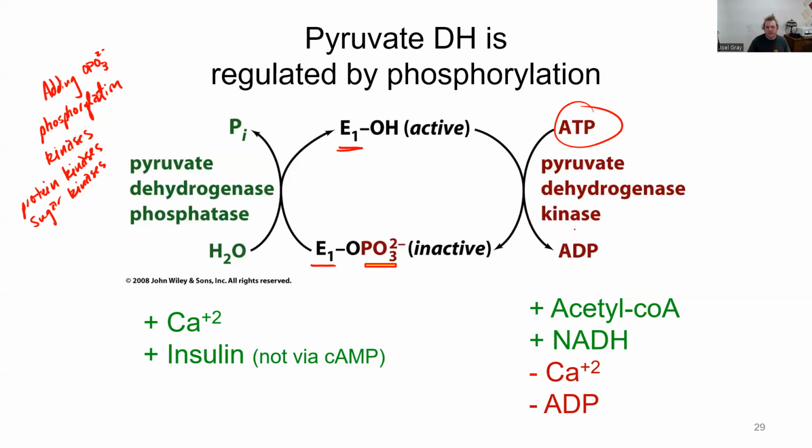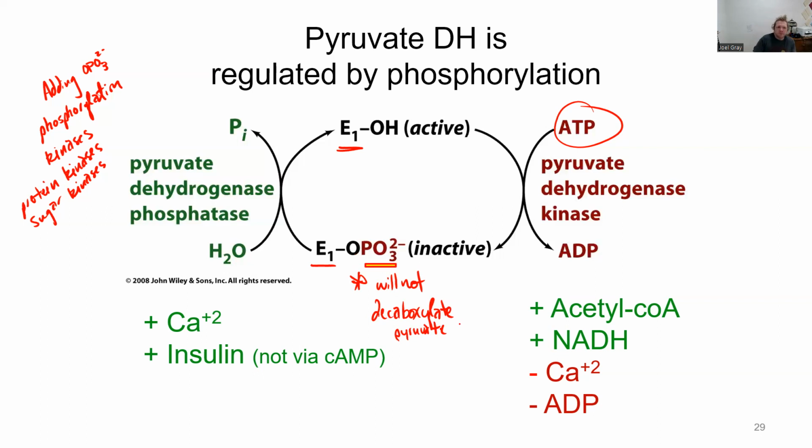So what that means is that this enzyme right here will not decarboxylate pyruvate. Okay. So E1, when phosphorylated, will not decarboxylate pyruvate.